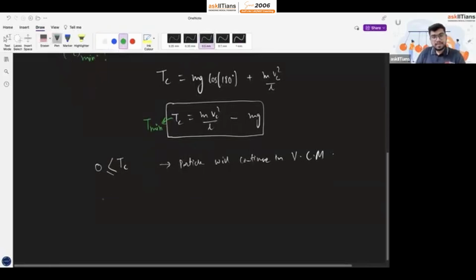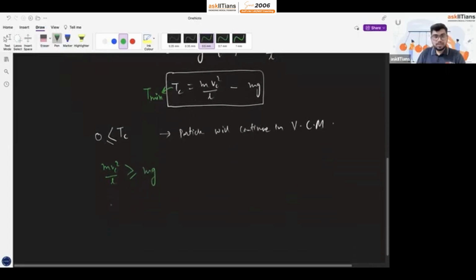So if this is the thing, then can I say m vC square by L should be greater than or equal to m into g? Yeah, you can do it. So in the same way, can I also say vC square should be greater than or equal to g into L?